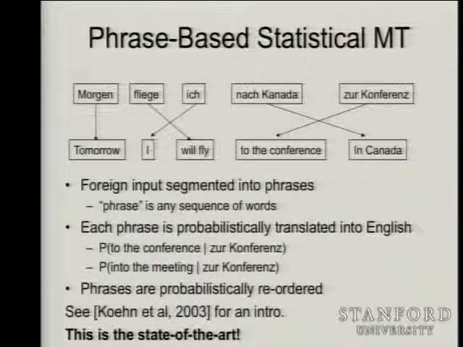And then what we're going to do is have a probability distribution over phrase translations instead of individual word translations. And so you'd have the probability that this phrase is being translated by to the conference. And so then there's still going to be reordering, which will have displacement factors in it, but the reordering will be done in terms of this phrase chunk.